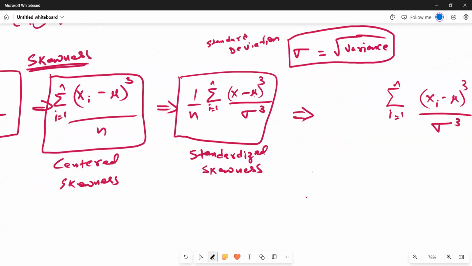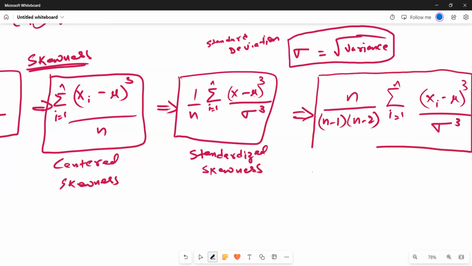And the amount of sampling adjustment that will be added is, in place of 1 by n, I'll simply replace this with n by n minus 1 multiplied by n minus 2. This is the sampling adjustment that has been added. So this is the final formula for skewness that is to be used.